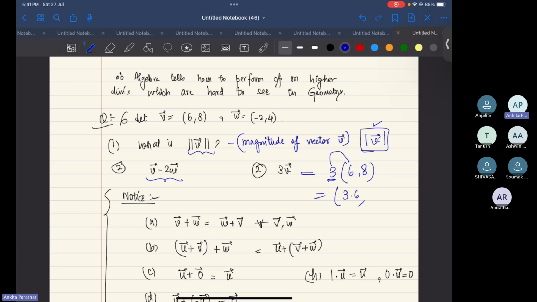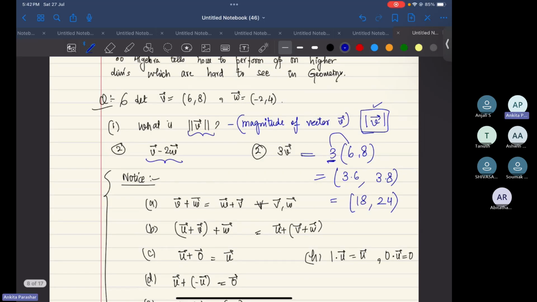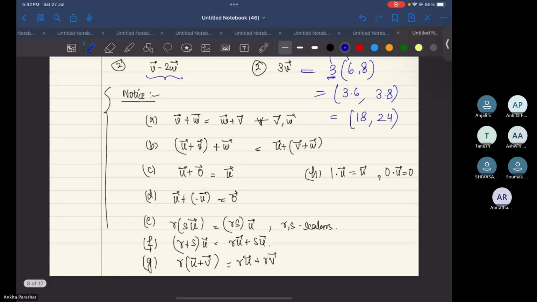So it is 3 times 6 comma 3 times 8, which is 18 comma 24. Is this okay? Okay, nobody is responding somehow.